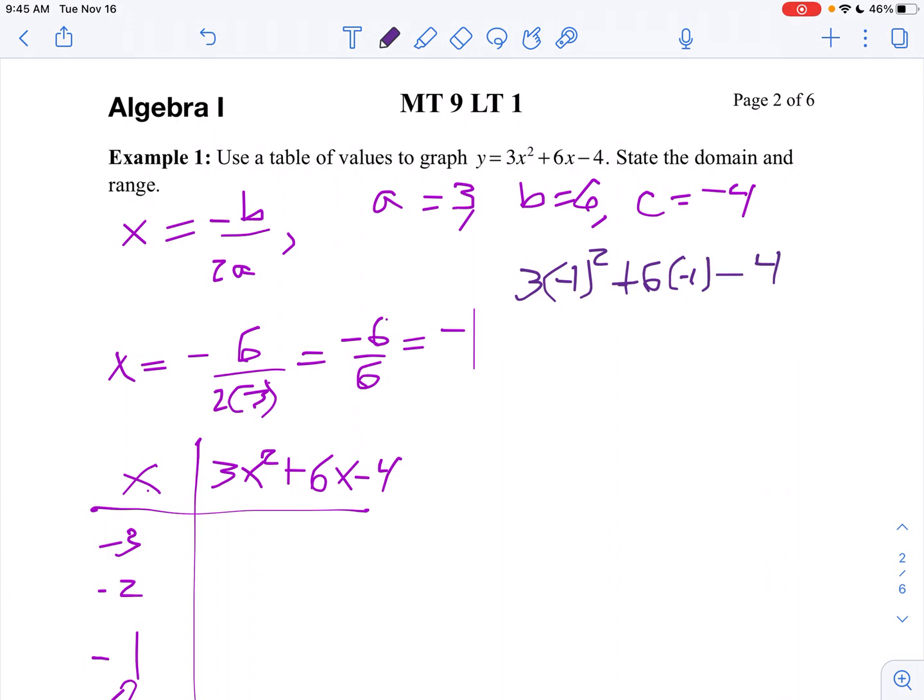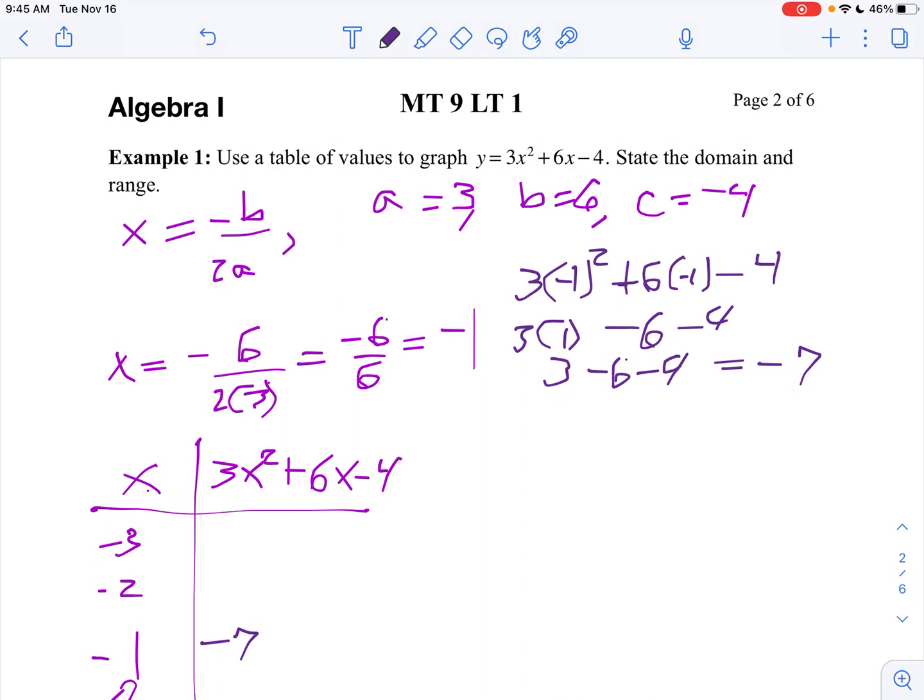Well, negative 1 squared is positive 1. 6 times negative 1 is negative 6 minus 4. And 3 times 1 is 3, so I have 3 minus 6 minus 4. So 3 minus 6 is negative 3, minus 4 is negative 7. So when I'm at negative 1, I'm at negative 7. That's what we call the vertex.